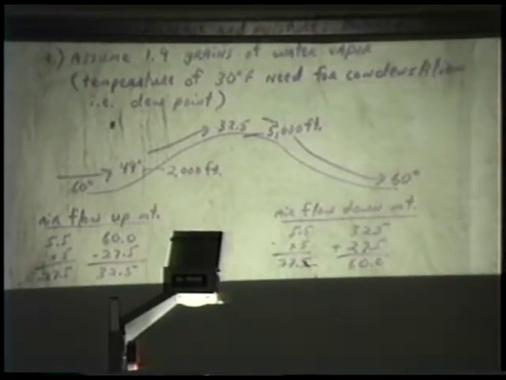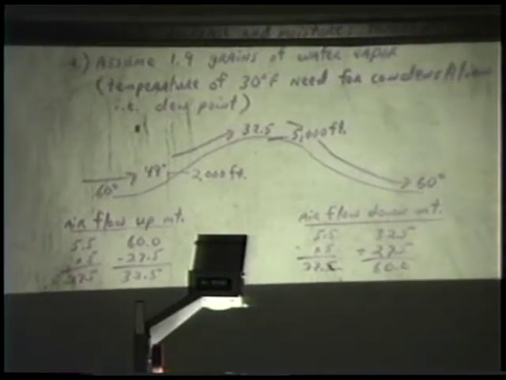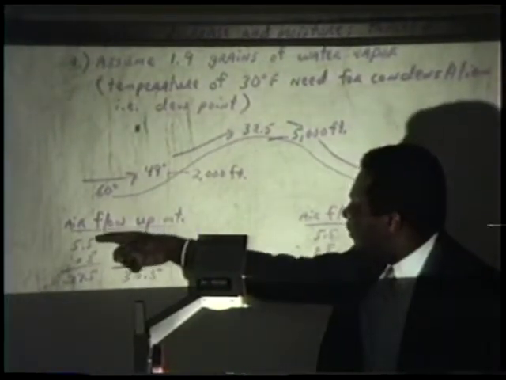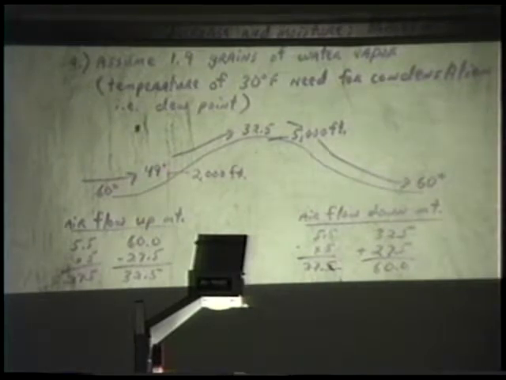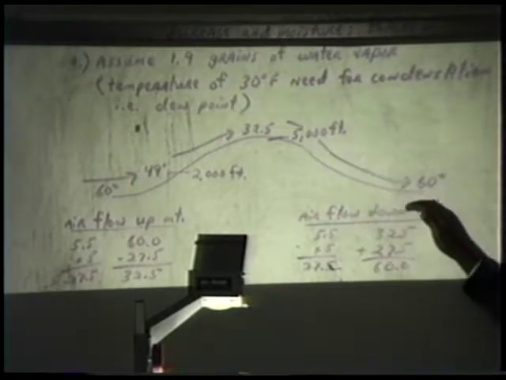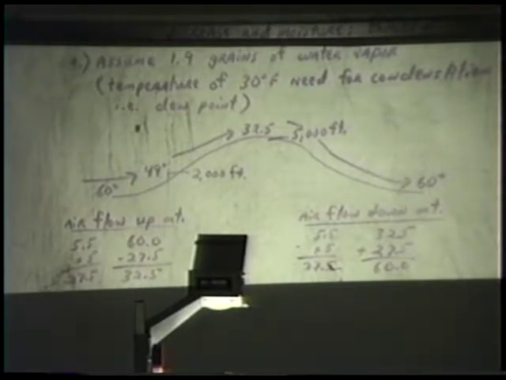Okay, and so we go about finding out the temperature at a certain elevation the same way. In other words, we want to find out the temperature at 5,000 feet. We simply multiply 5 times 5.5, it gives us 27.5, and we subtract 27.5 from 60, it gives us 32.5. Now, as the air flows back down the mountain, it will heat up, because we know that as air sinks, or as air comes down, it heats up.